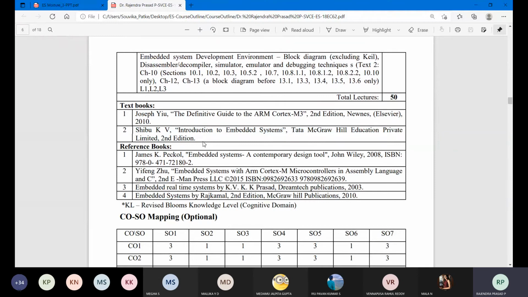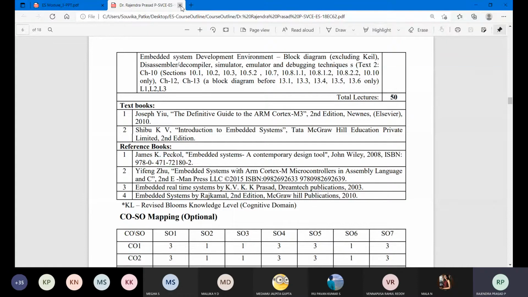So till now we were learning what an ARM processor is, its instruction set and all those things. Now we have to understand what an embedded system is. These modules will be present in textbook 2, Shibu K V. If a soft copy is available, you can collect it. I am still searching for the textbook; I have not yet found it.